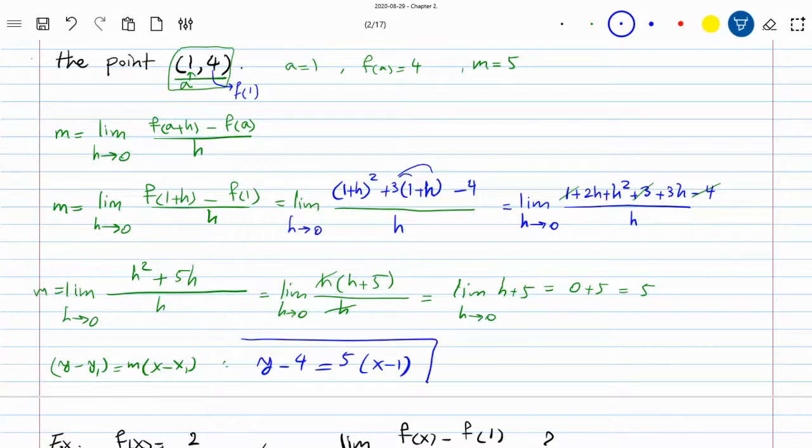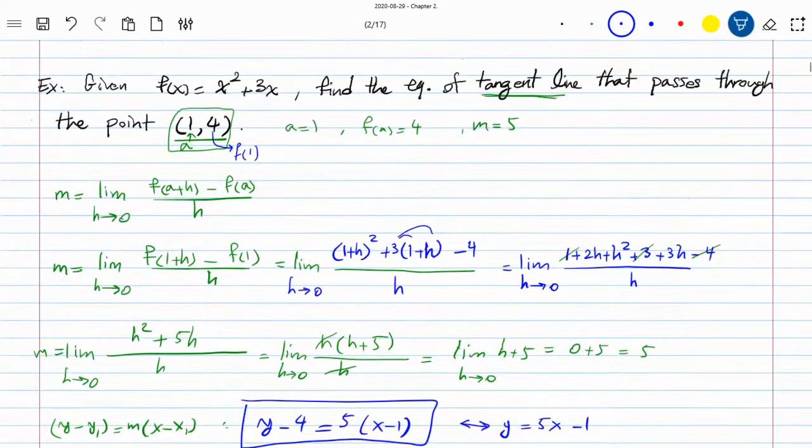Here's the equation for the tangent line. You can distribute the 5 and move the 4 to the other side to get y equals 5x minus 5 plus 4, which is minus 1. The same thing. These two are the same. The important part is that you calculate the slope correctly. After that, you just replace it into the equation of a line. So we found the equation of the tangent line that passes through the point 1 and 4.